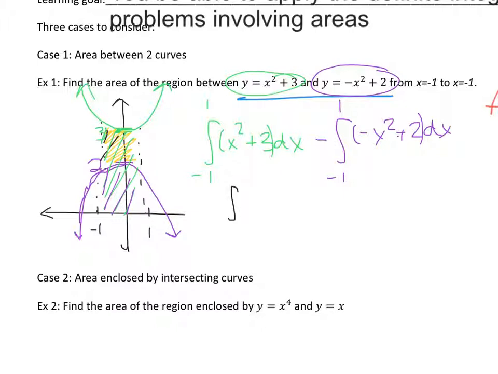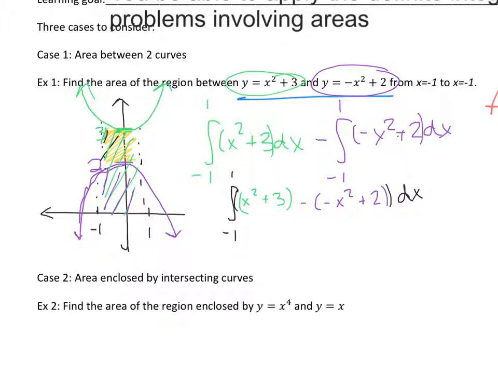So this is the same thing as the integral from -1 to 1 of x squared plus 3, from my green curve, minus the function for my purple curve, so minus negative x squared plus 2, all with respect to dx, okay?